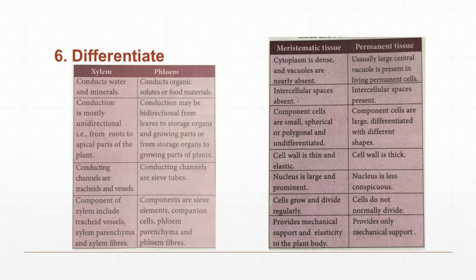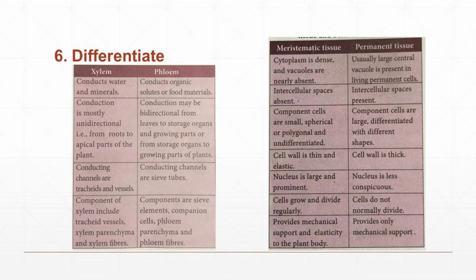Next, let us learn about the differences between meristematic tissue and permanent tissue. In meristematic tissue, cytoplasm is dense and vacuoles are nearly absent. In permanent tissue, usually a large central vacuole is present in living permanent cells.